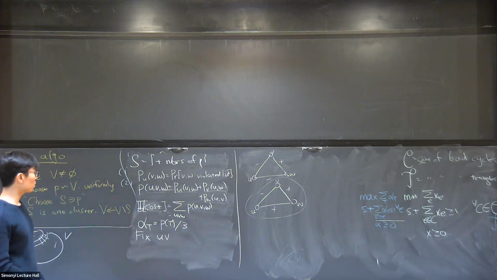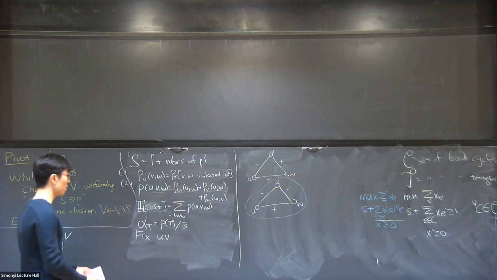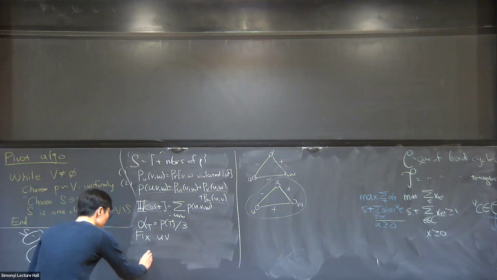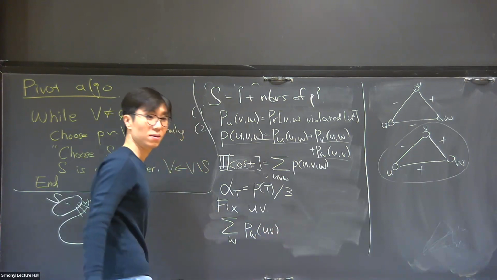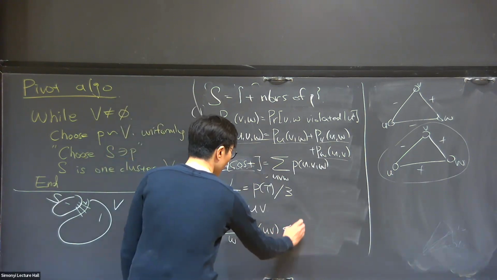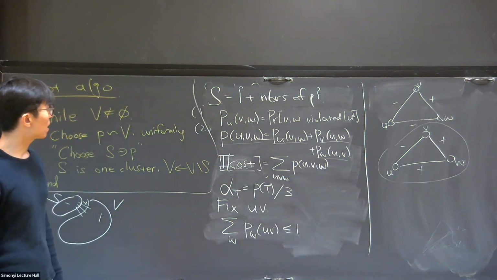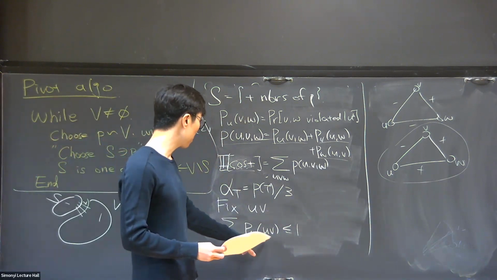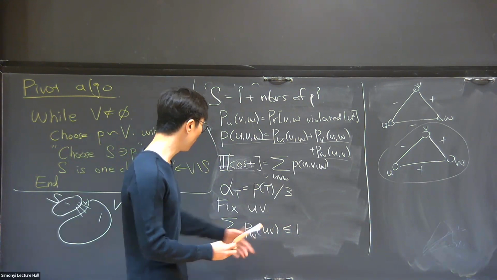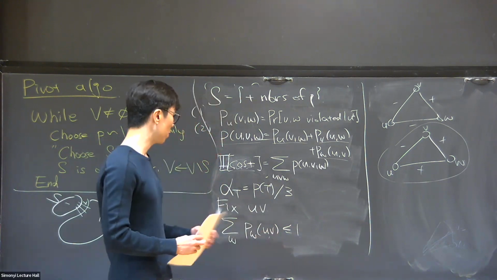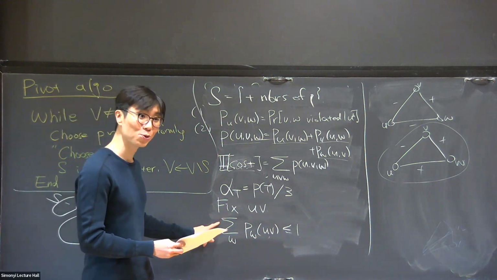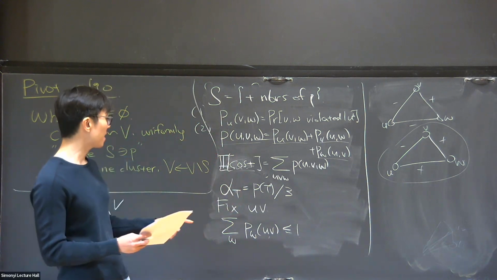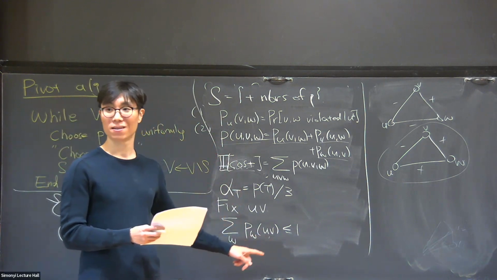If you sum over every other W, the P sub W over UV, that is at most 1, because this is exactly the probability that UV is violated given W. And the crucial observation, which is not going to be true in MVD, is that once UV is violated, it's going to be gone forever.